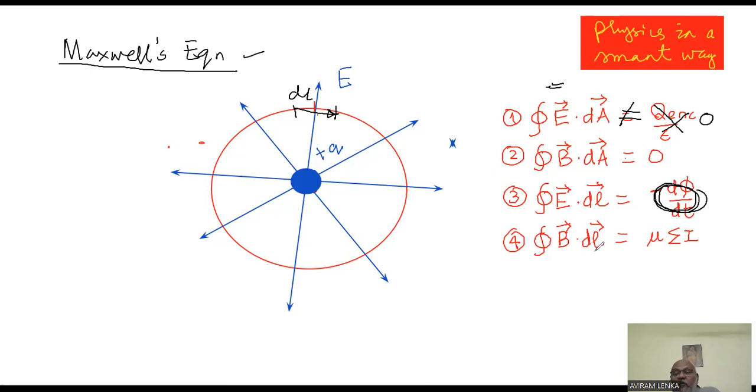And the last equation is another well-known equation. It appears in electromagnetics, that is Ampere's equation. Ampere, you must have remembered him, is the cousin of Gauss and all those things.